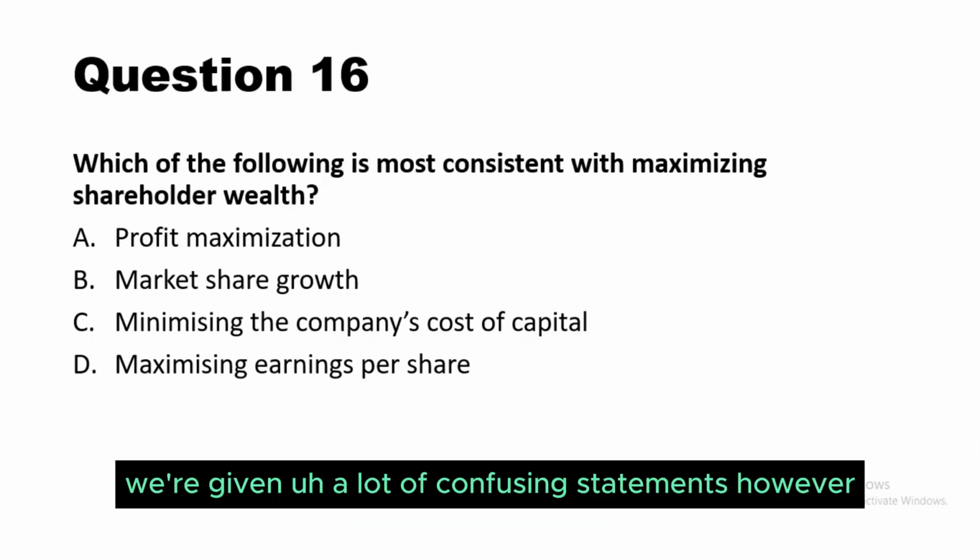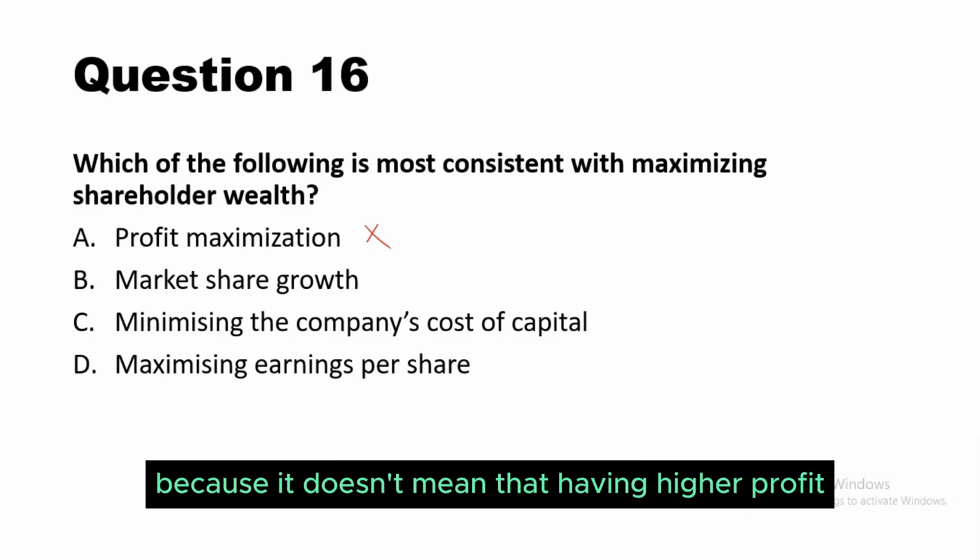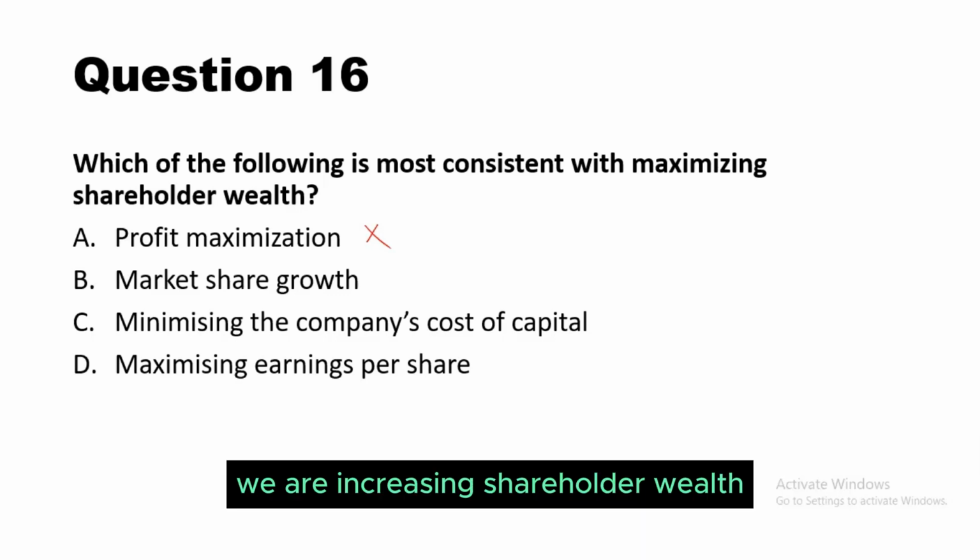We're given a lot of confusing statements. However, this one is wrong. Why? Because it doesn't mean that having higher profits, we are increasing shareholder wealth. Sometimes we would end up sacrificing the wealth of shareholders because of that imperative.